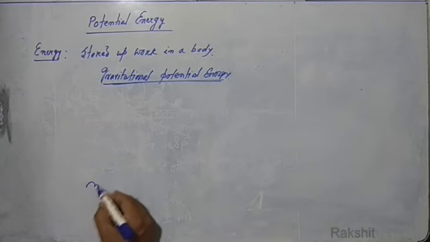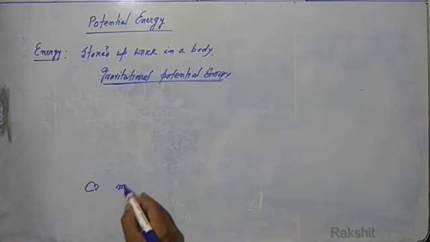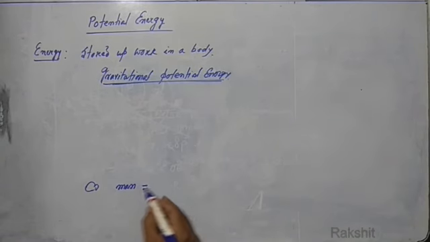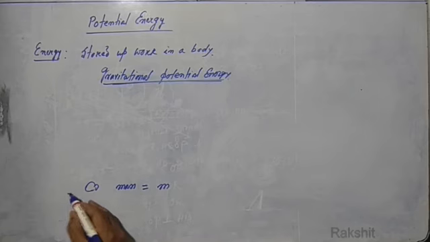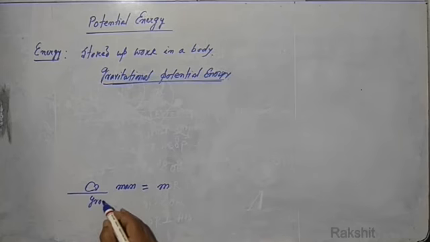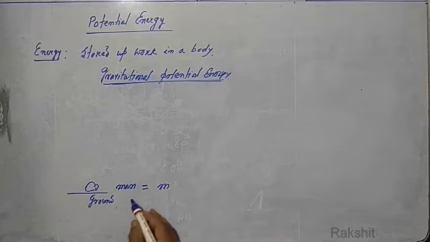Suppose there is a body of mass m lying on the ground. This body is on the ground, and the ground is taken here as the reference plane or reference surface.